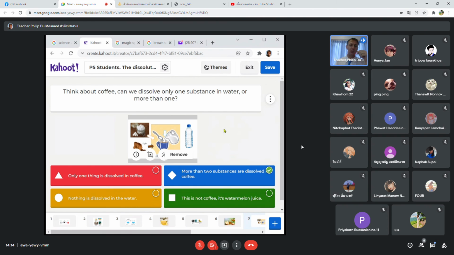So how many things can we put in the coffee? I think maybe about 4 things, you know, because it's the sugar and the coffee beans and the milk. Oh, and there's oxygen in the coffee also. There's some gas in the coffee also.